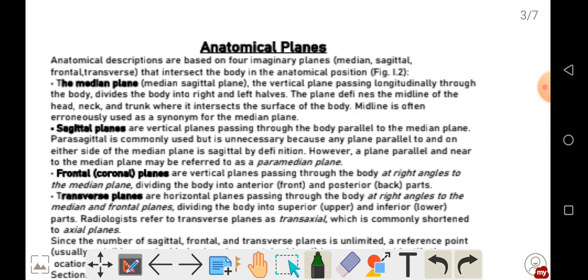The median plane is also called the median sagittal plane. It is the vertical plane passing longitudinally through the body and divides the body into right and left halves.